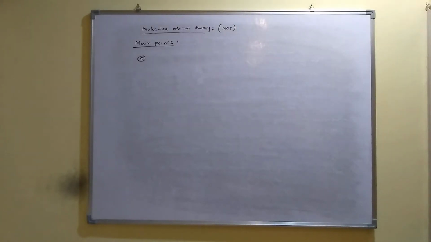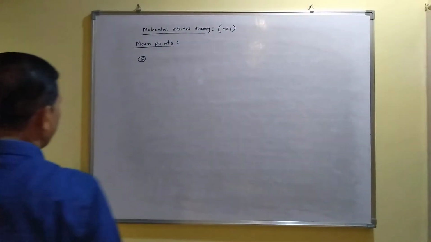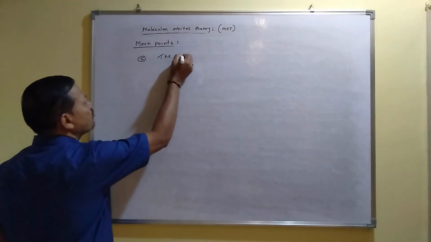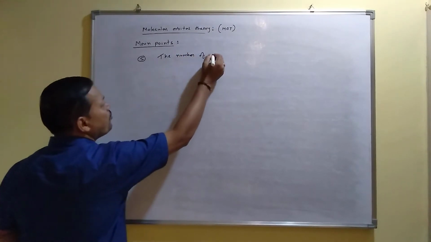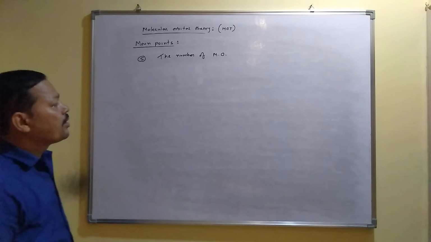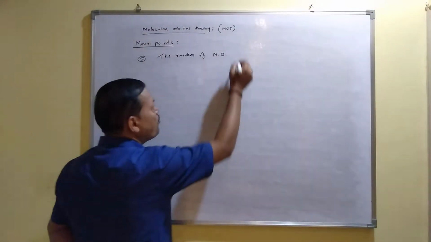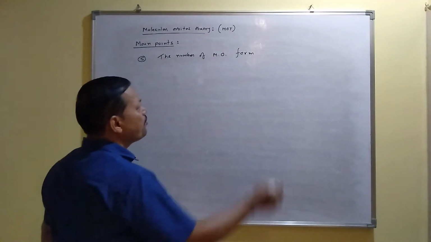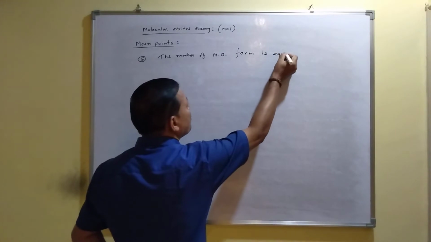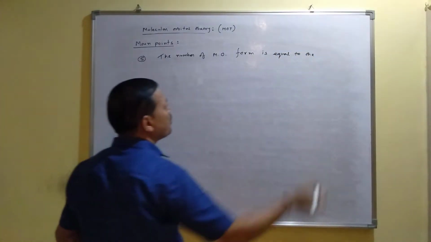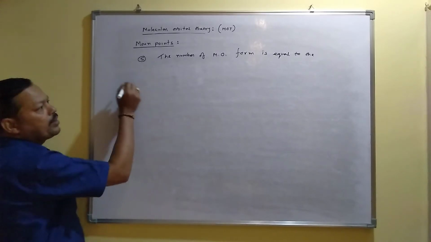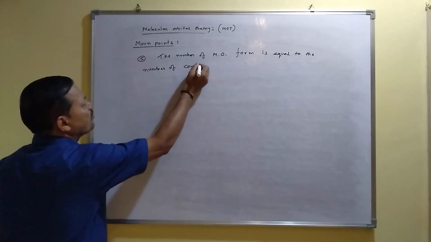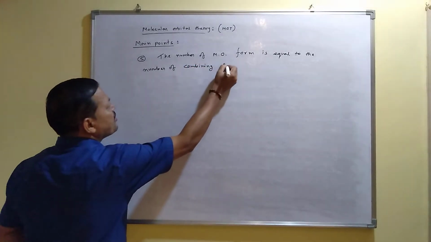Okay, already you have written 4 points. This is number 5 point. According to this, the number of molecular orbitals formed is equal to the number of combining atomic orbitals.